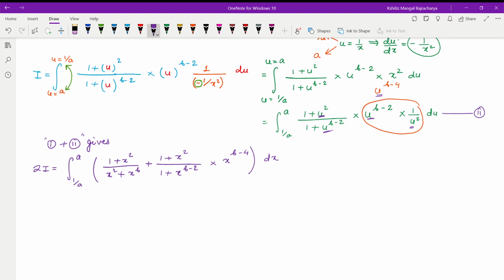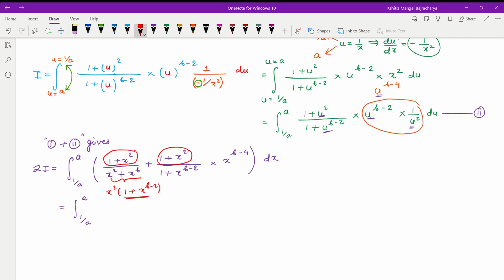Now let's see. We have a factor common over here and another factor common over here. We can write it as 1 plus x raised to the power b minus 2.